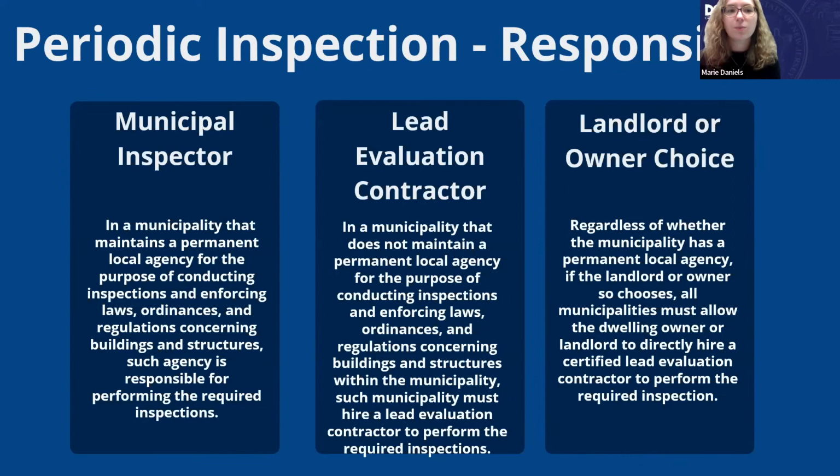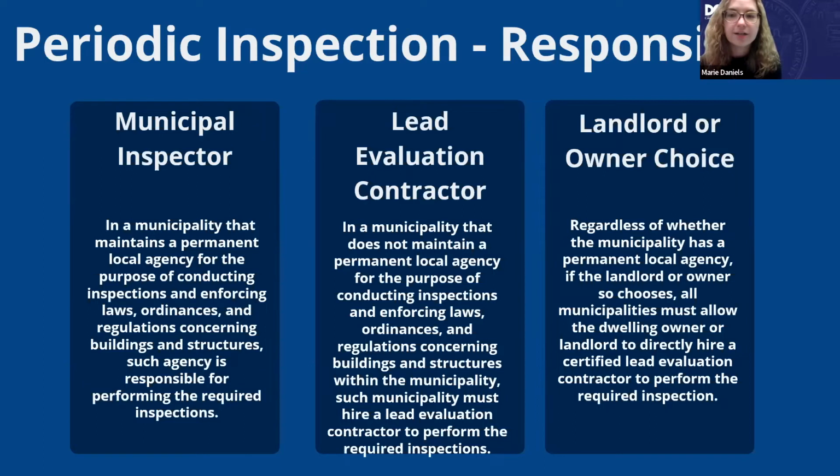So we're going to start with the responsibility for performing the periodic inspection. And this really breaks down in two main ways with this third option. But the main way, the primary responsibility, first, we have the municipal inspector. So the way the law is structured, in a municipality that maintains a permanent local agency for the purpose of conducting inspections and enforcing laws, ordinances, and any regulations in buildings and structures, that agency is responsible for performing the required inspection.